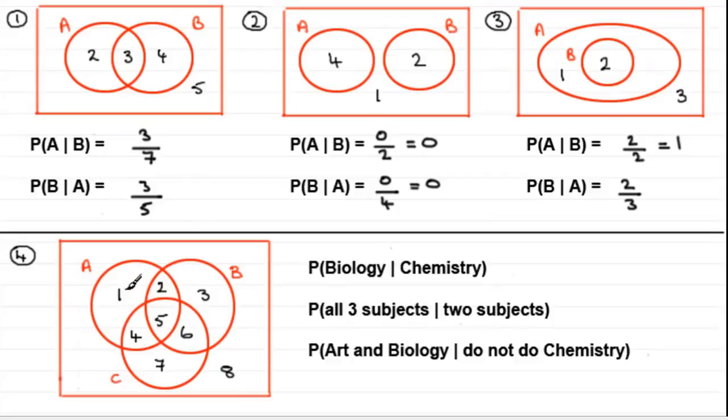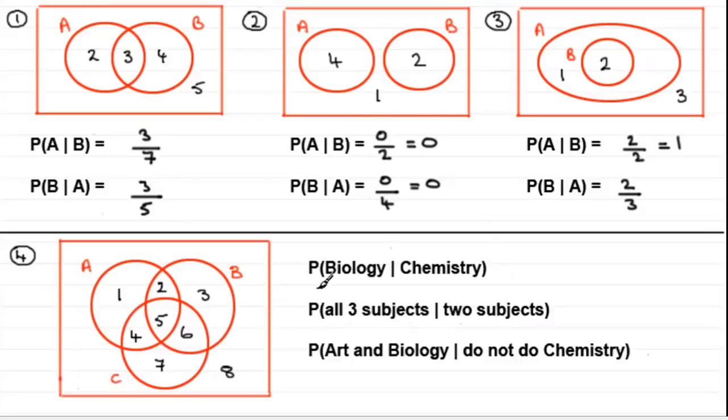Just to remind you, 1 person here does art only. This 2 here is 2 people do art and biology, but not chemistry. The 5 do all 3. This 3 here, 3 people do biology only, and so on. 8 people don't do anything.